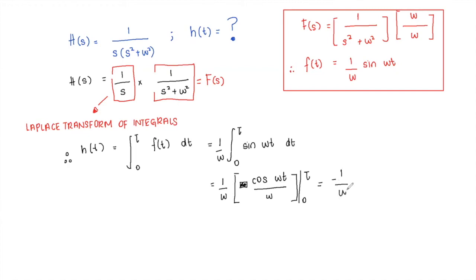And our final answer is negative 1 over omega squared when we substitute t equivalent to tau and 0 here. And when it is equivalent to cos 0, it is equivalent to 1. So our last answer is 1 over omega squared times 1 minus cos omega tau.